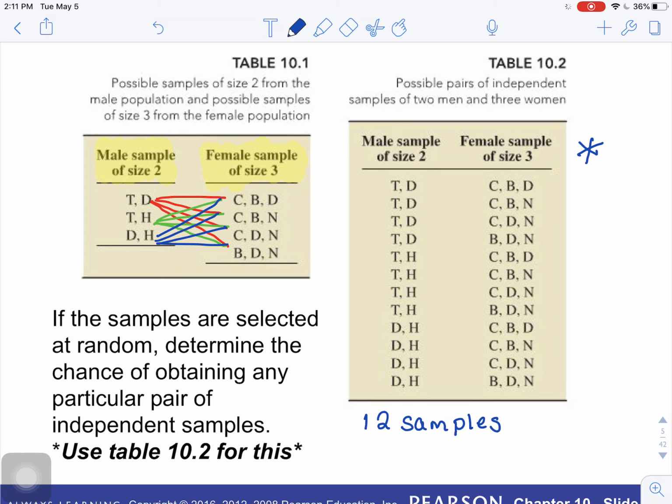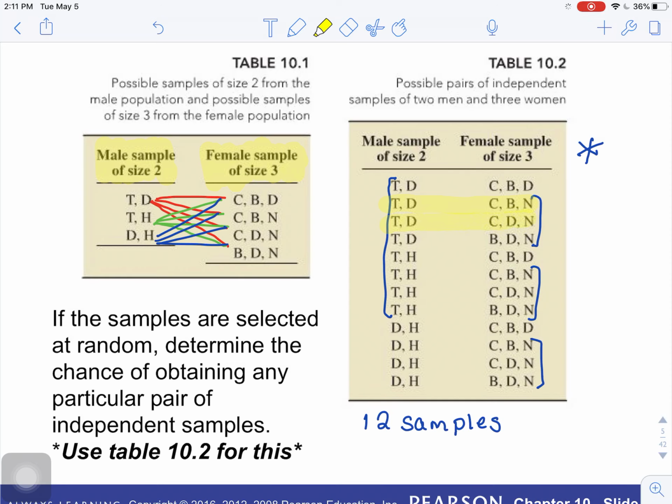And if I wanted to know what is the probability of selecting Tom and Nancy, I'm going to look where we have Tom and where we have Nancy. What we're actually looking for is where the 2 overlap.